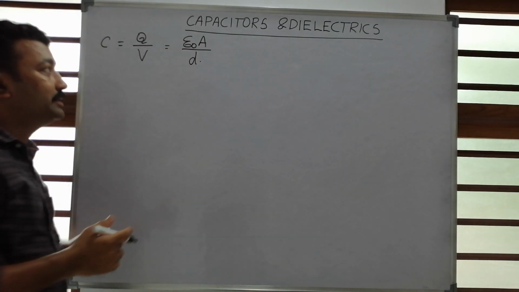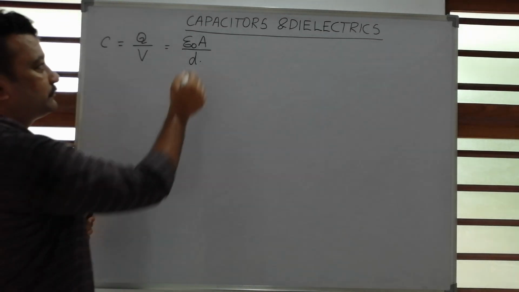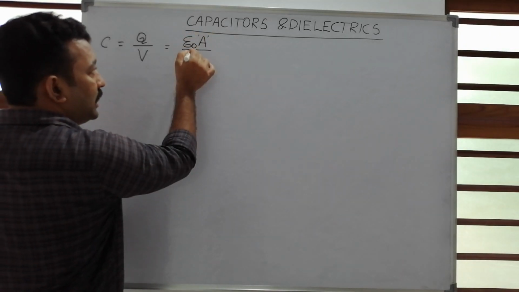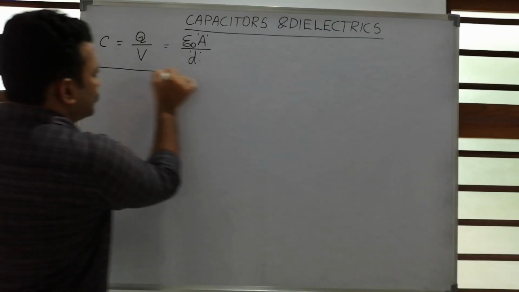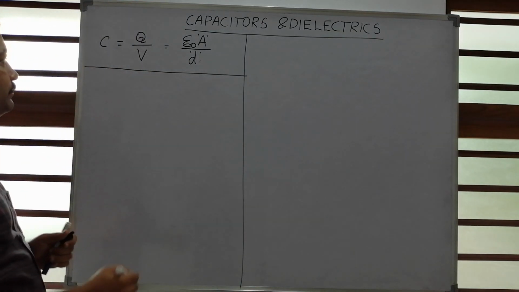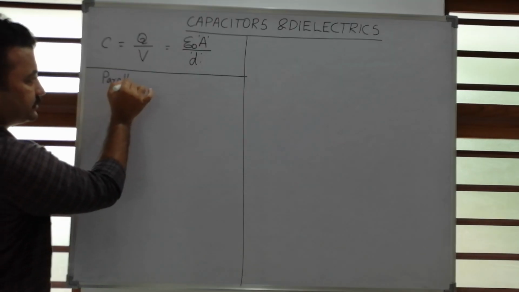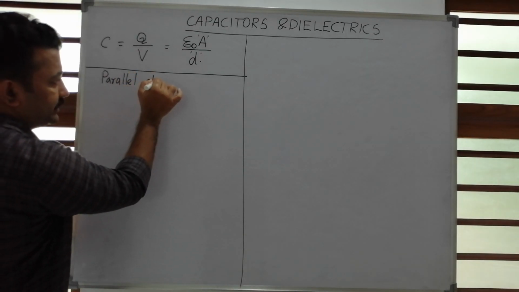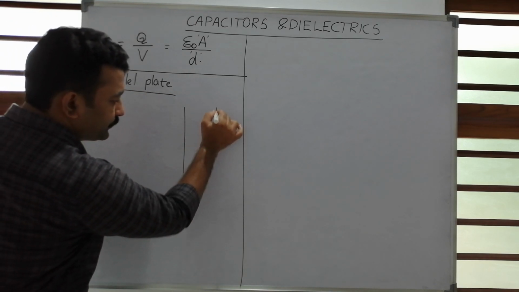Let's see how to get this expression, that is the capacity of a device in terms of its area and the distance between the plates. For that, we should know what is meant by a parallel plate capacitor. As the name suggests, a parallel plate capacitor is composed of two metallic plates.